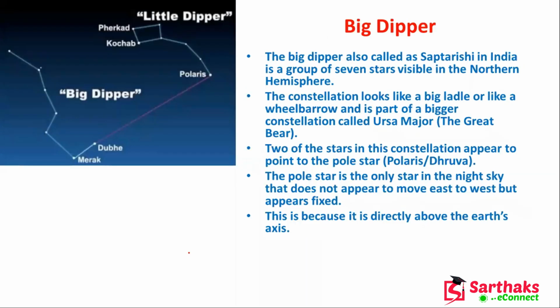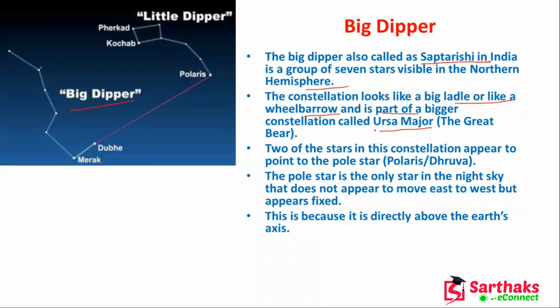Now the Big Dipper, here you can see the Big Dipper. The Big Dipper is also called Saptarshi in India, and its stars are visible in the northern hemisphere. The constellation looks like a big ladle or a wheelbarrow and is a part of a bigger constellation called Ursa Major, the Great Bear.